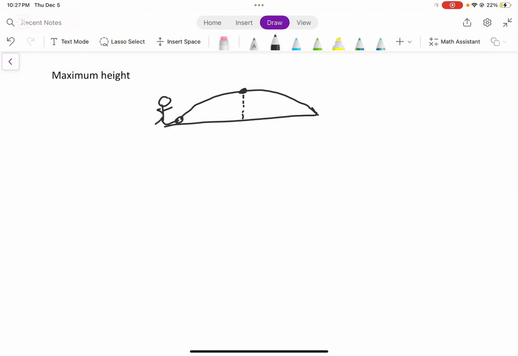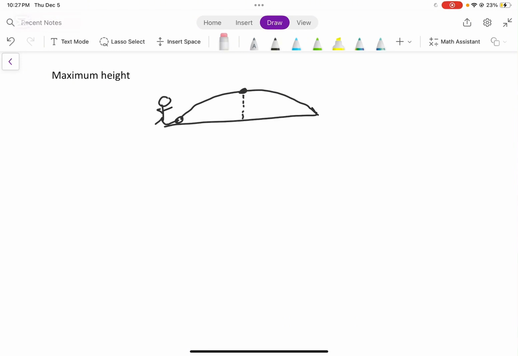Let's say you throw up your pencil in the air. For a split second, before it starts falling back to the ground, it stops, because it changes direction. If you throw a soccer ball in the air, for a split second before it starts falling back down, its speed is 0.